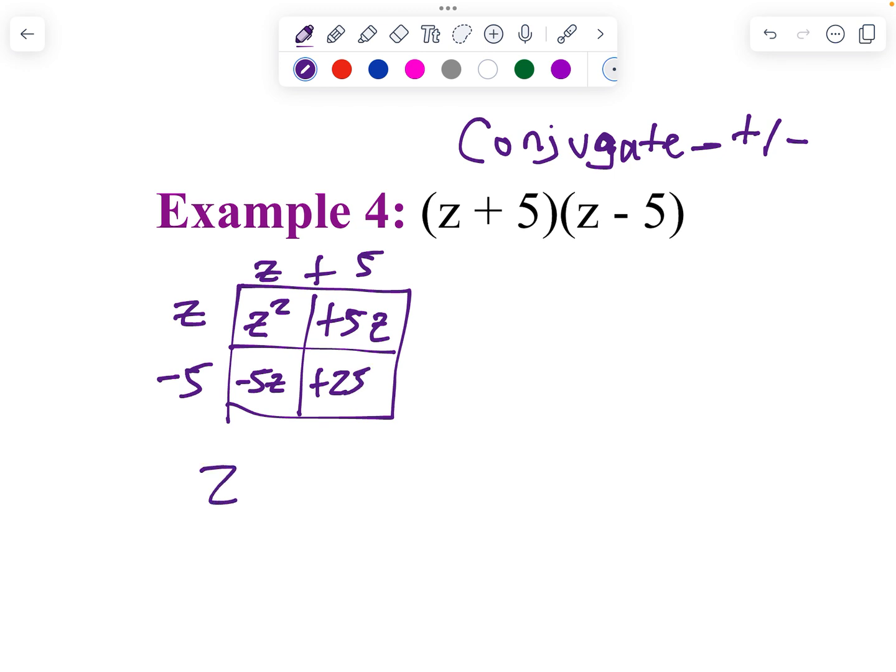So I get z squared, try that again. Positive times a negative is a negative. So I get z squared. Notice my 5z terms cancel off, don't they? And I get minus 25.